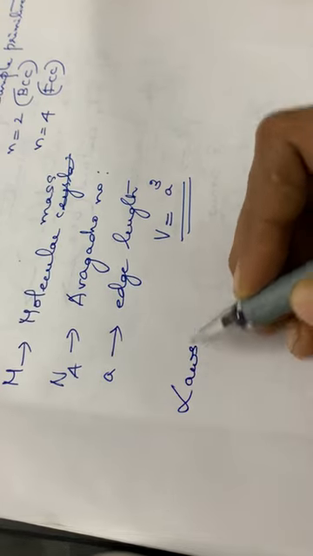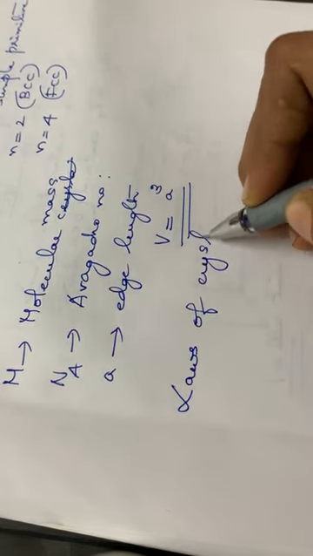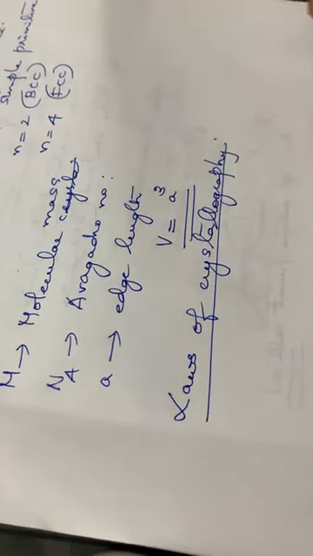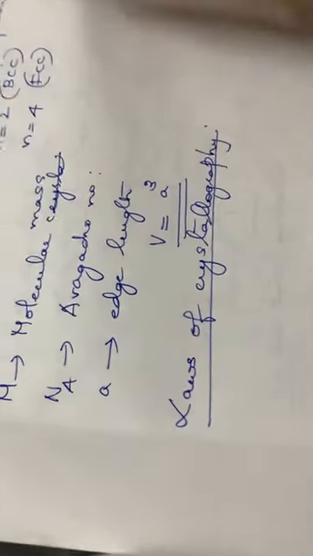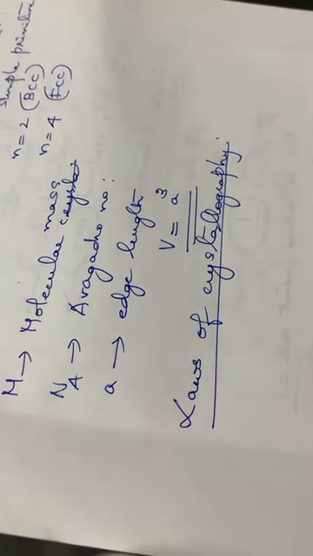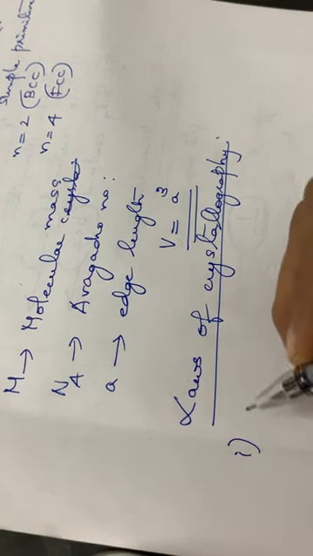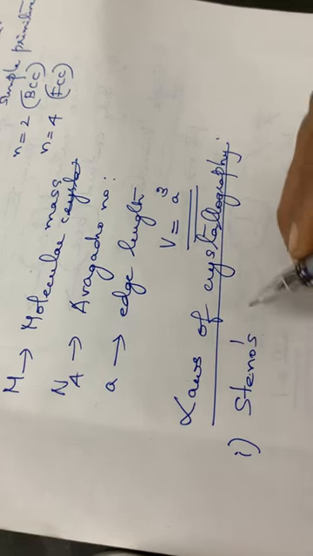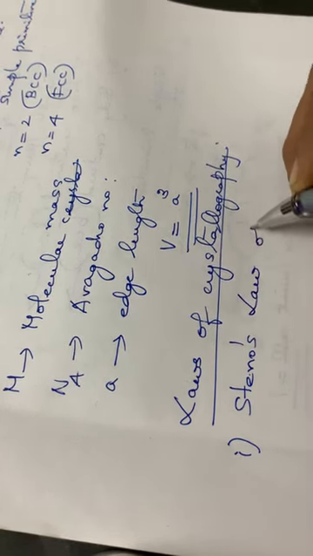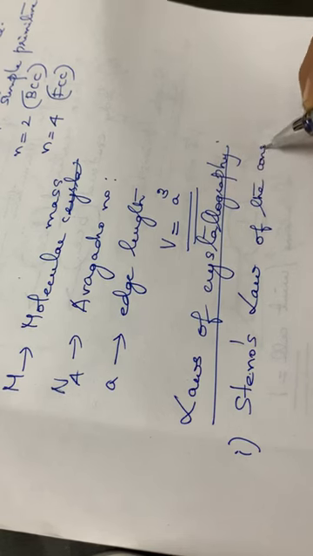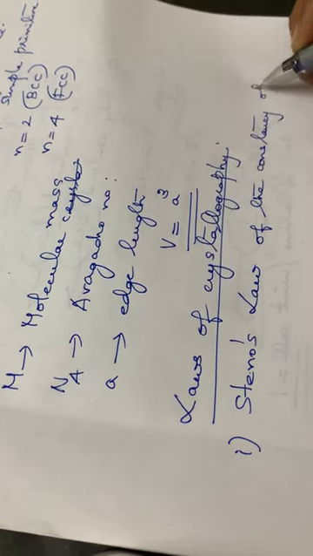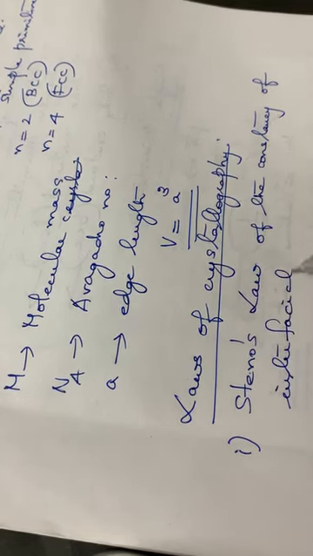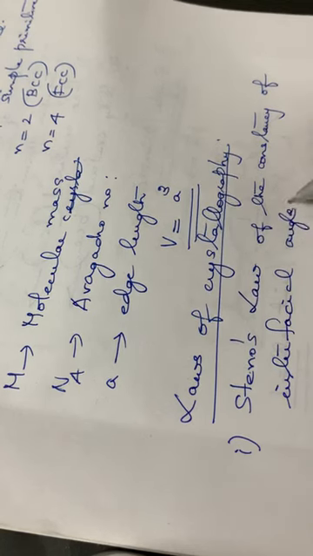Laws of crystallography. Mainly you have got 3 laws to study. The first one is Steno's law of the constancy of interfacial angle. Steno, S-T-E-N-O.